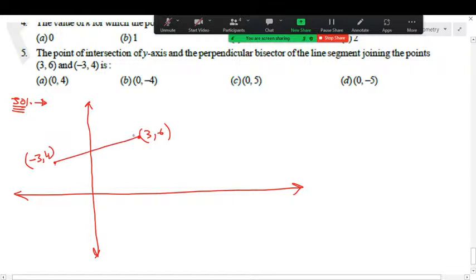The point of intersection of y-axis and the perpendicular bisector of the line segment joining the points 3 6 and minus 3 4 is.